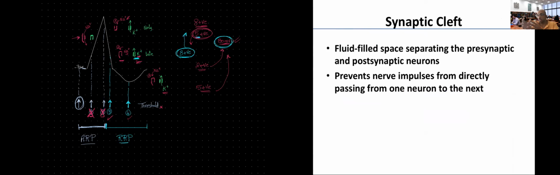The synaptic cleft is the fluid-filled space between the pre- and postsynaptic neurons. And this gap between the two nerve cells serves to prevent the direct electrical conduction between the neurons.